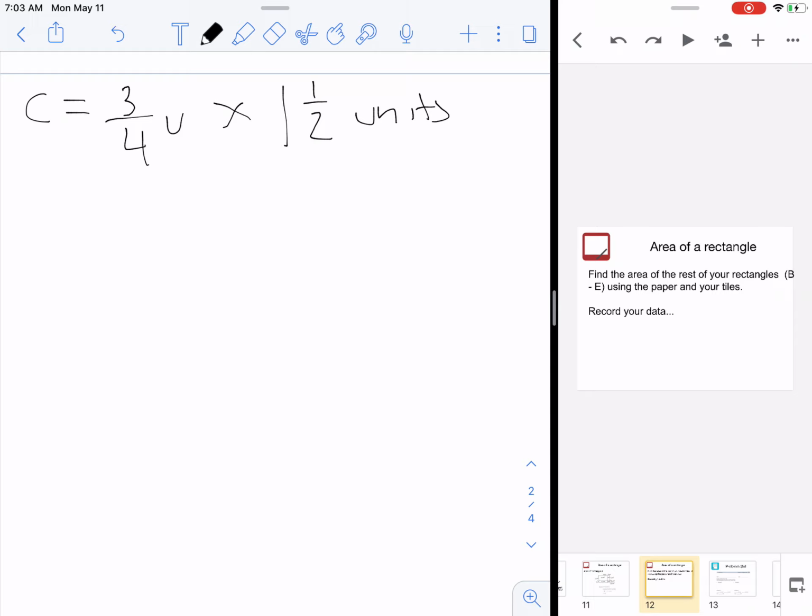Okay, so I'm going to do this one with us. Here we go. We have 1 and 3/4. And then we have 1 plus 1/2 over here. So we only have 2 squares to find right now.